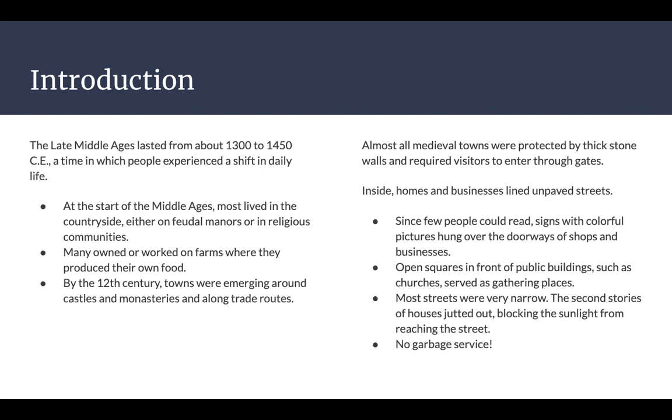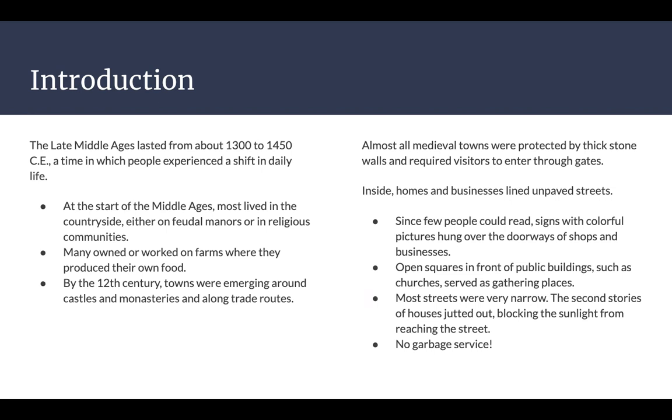Almost all medieval towns were protected by thick stone walls and required visitors to enter through gates. Inside, homes and businesses lined unpaved streets. Since few people could read, signs with colorful pictures hung over the doorways of shops and businesses. There were open squares in front of public buildings, such as churches, which served as large gathering places or marketplaces for the purpose of exchanging goods.